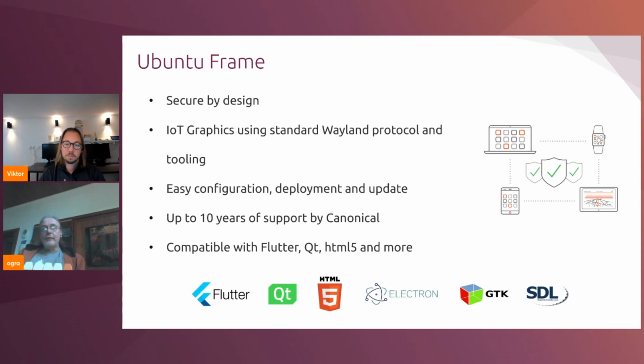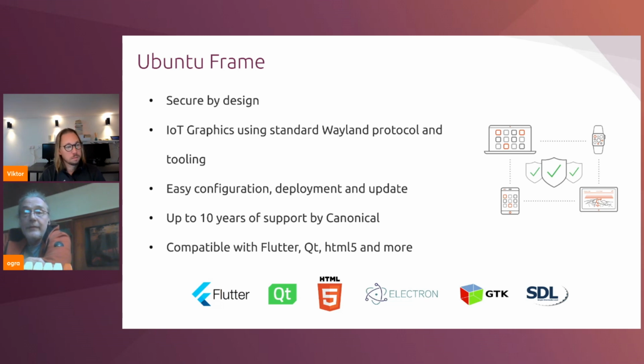On top of Ubuntu Core, we offer you a system that is driving your display that we call Ubuntu Frame. It is also secure by design, as the OS is. It uses the standard Wayland protocols, but you can use X11 on top of that. It comes with easy configuration.